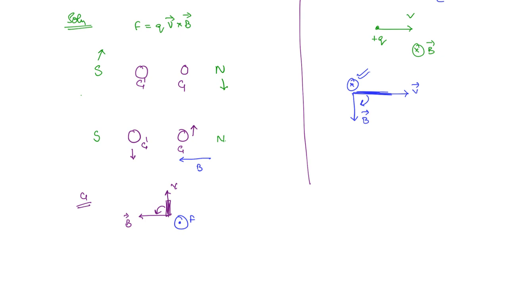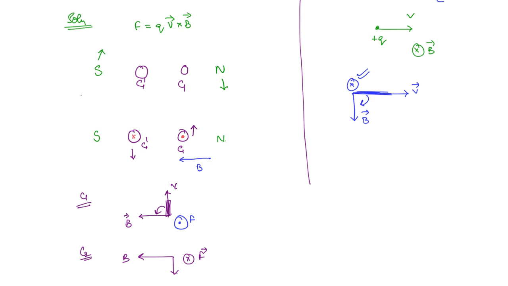So that means current is also out of the plane. So for C1, this is the direction of the induced EMF. Then what about C2? It will just be opposite because the velocity will be in the opposite direction. The field remains the same, so the force will be into the plane. So this is going to be the direction of the induced EMF for C1, C1 dash.